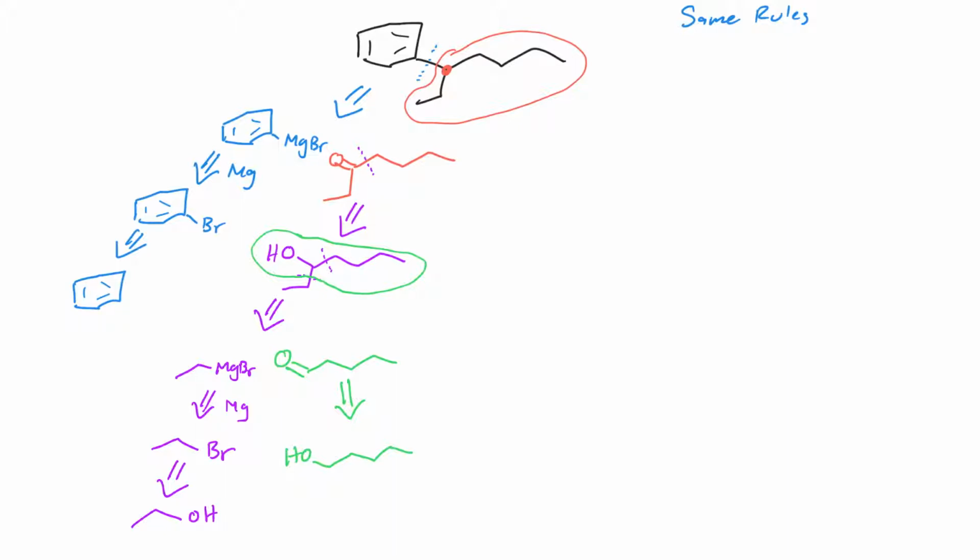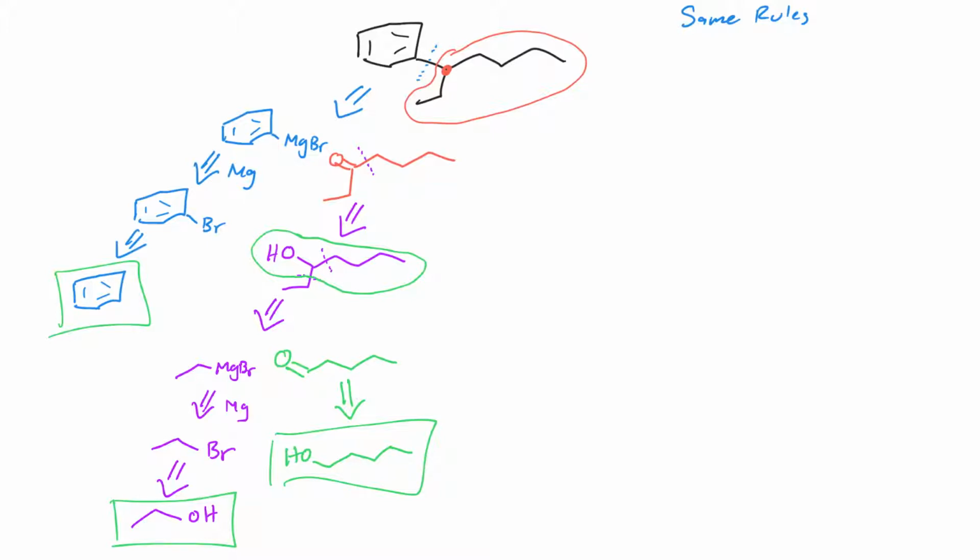And 1 more carbon there. So here's 1 starting material. Here's another starting material. And here's another starting material. So I can create all of these and follow this pathway and make it to my product.